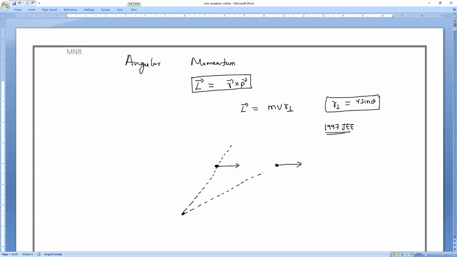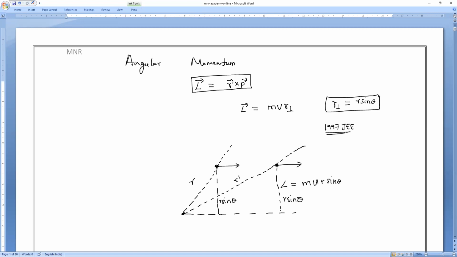The angular momentum always remains m v r sin theta. So angular momentum always remains constant. That is what we found. Am I right or wrong? Please respond. So r sin theta always remains constant.